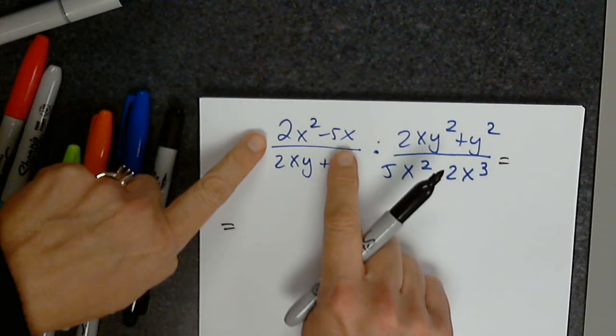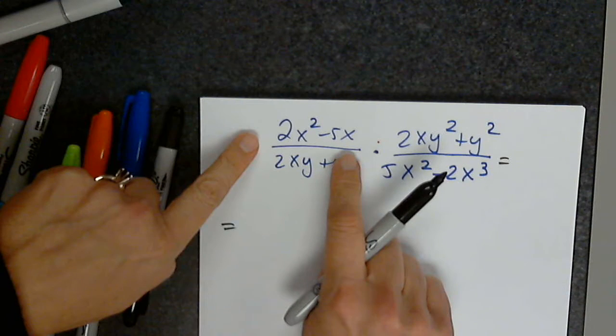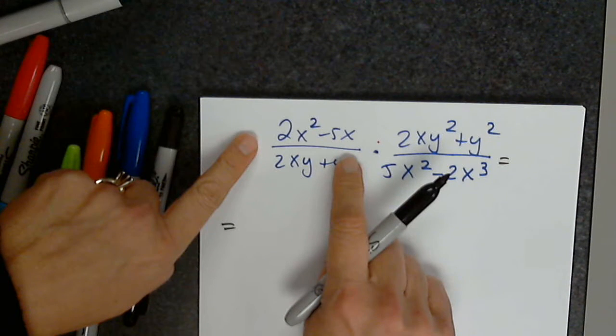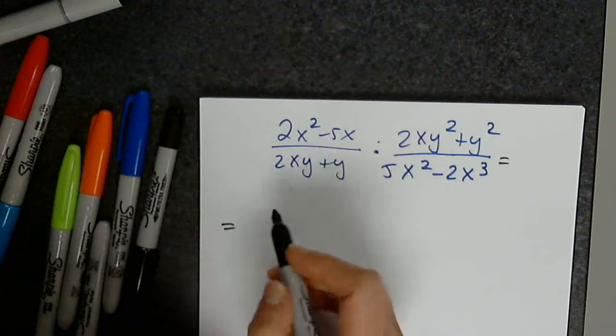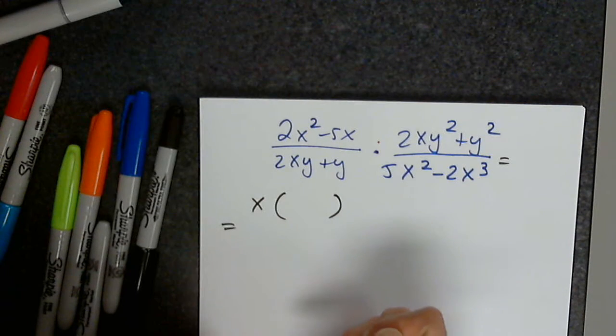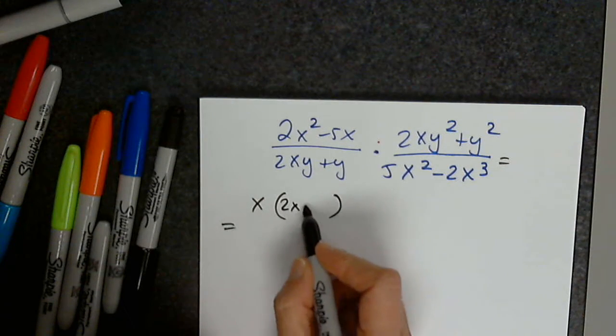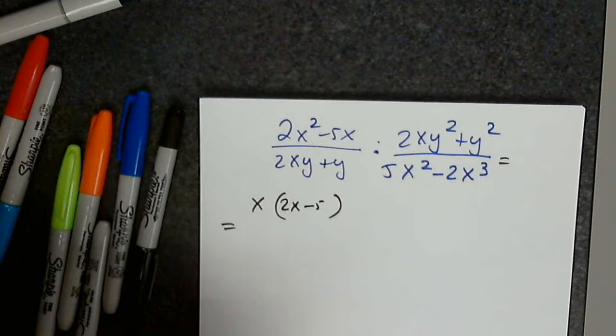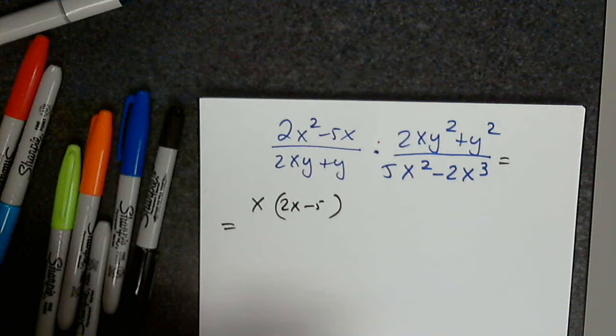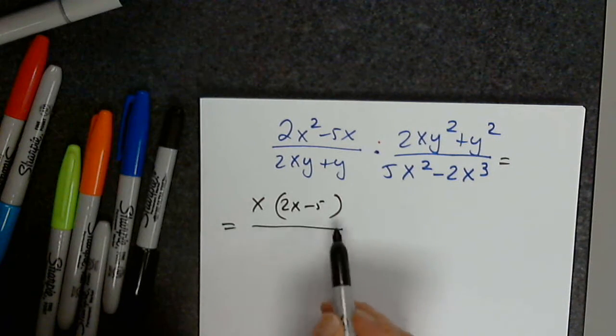What did you factor out at the top? Good. What is left in parentheses? 2x minus 5. Do you agree with the top? That x quantity 2x minus 5. Do we agree? Yes? Yes? Okay. Now the denominator.